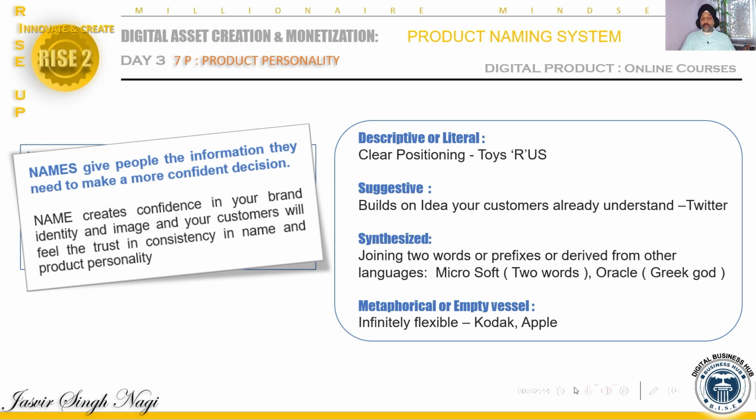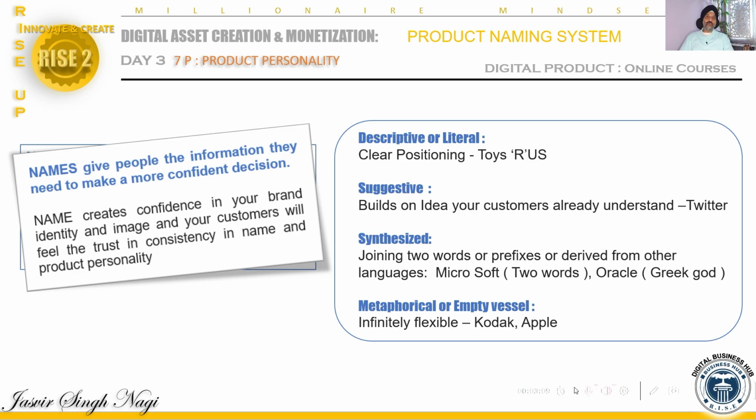We'll go to naming convention, but just to give an example for an online course, again taking the example of yoga, suppose you do Kundalini yoga or Kundalini yoga teachings. Immediately whoever is interested in Kundalini yoga will relate to it one on one.